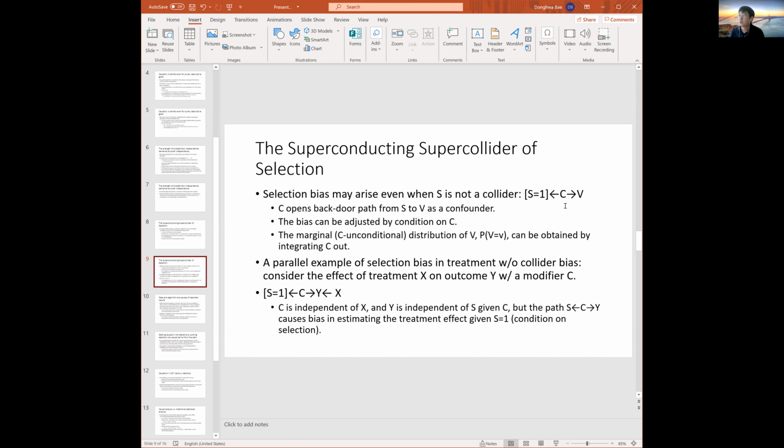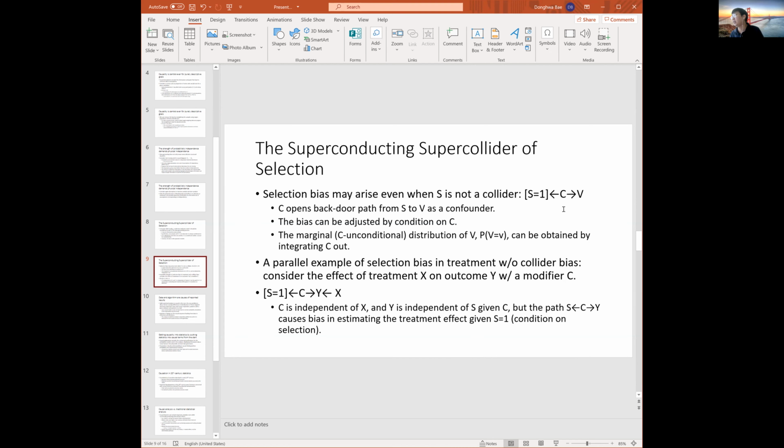However, by blocking that node, we can only obtain the C-conditional distribution of V. So to obtain the marginal, C-unconditional distribution of V, we can integrate out the C variable.